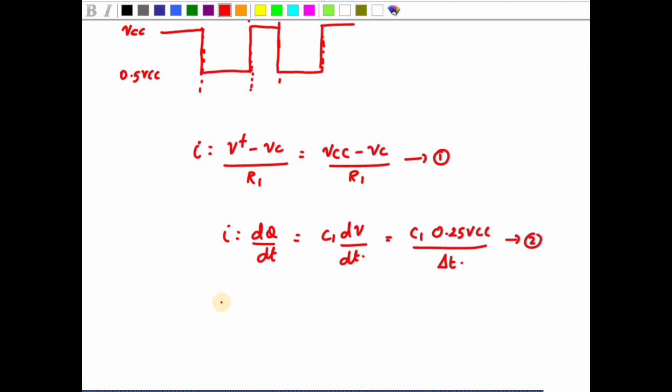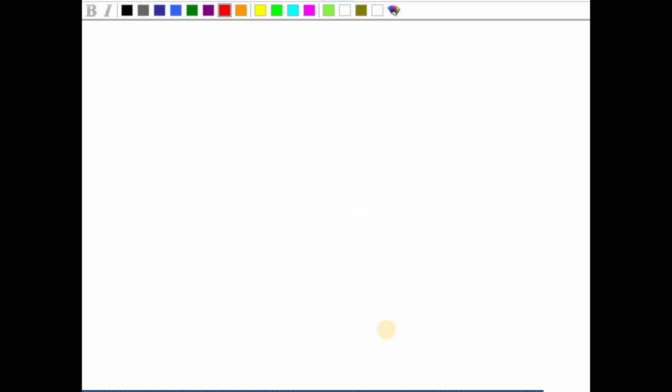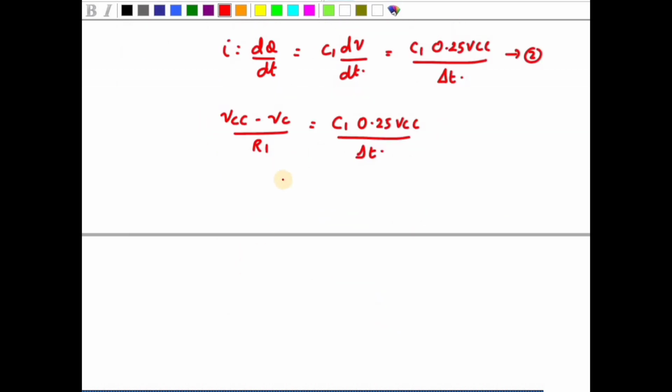Substituting the first and the second equation, I get VCC minus VC divided by R1 is equal to C1 of 0.25 VCC into del T. Now I can write del T is equal to C1 into 0.25 VCC R1 divided by VCC minus VC.